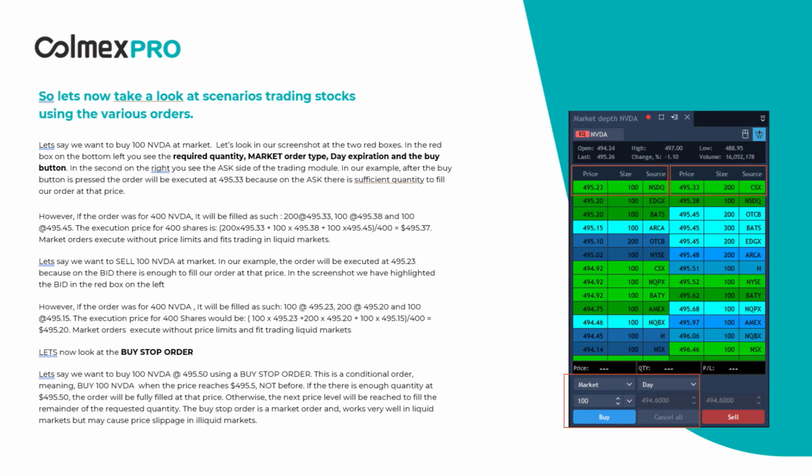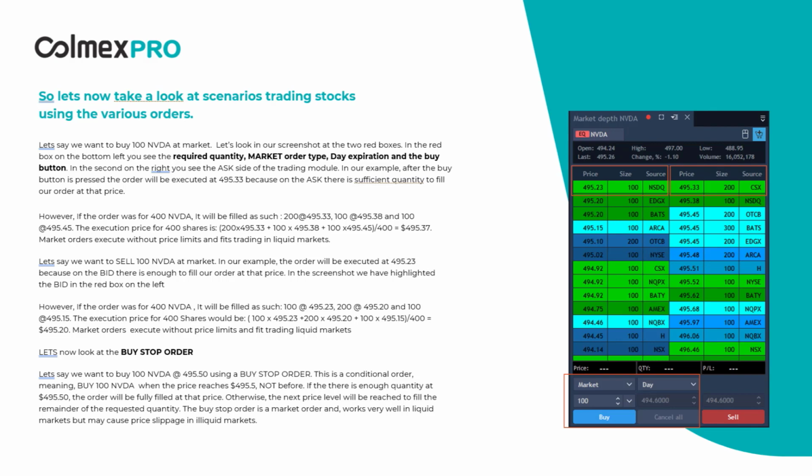Therefore, the execution price for the 400 shares would be an average price of $495.37. Market orders execute without price limits, and they fit trading in liquid markets, especially if you want to get in and out of the market with fast, immediate execution.